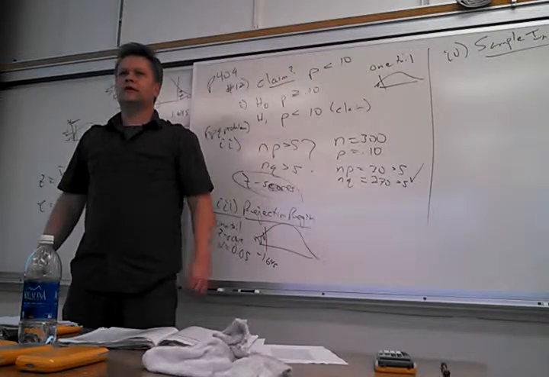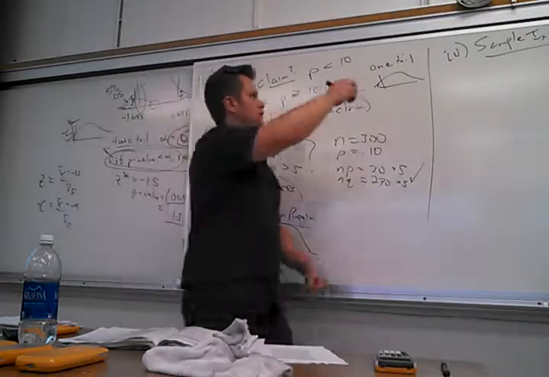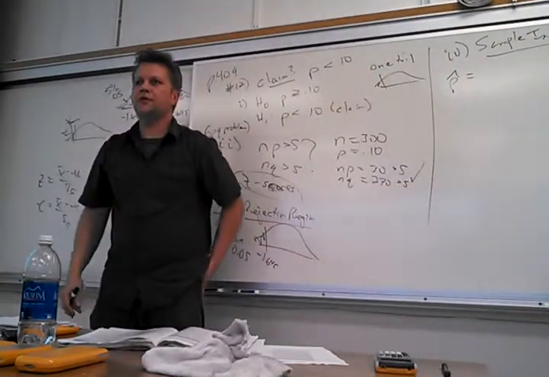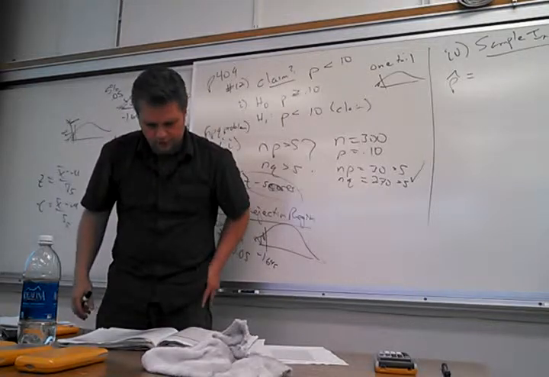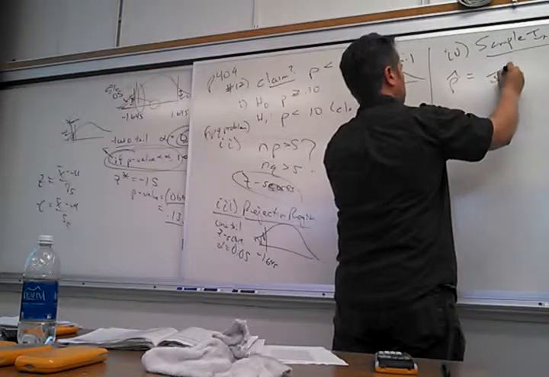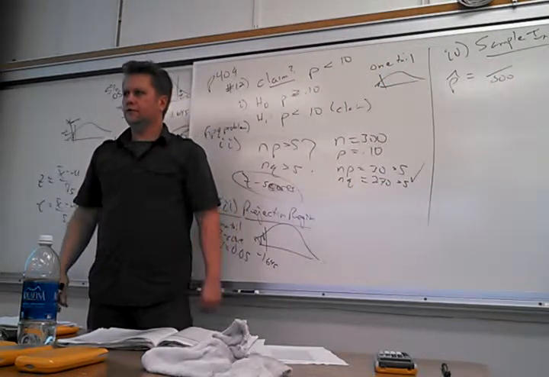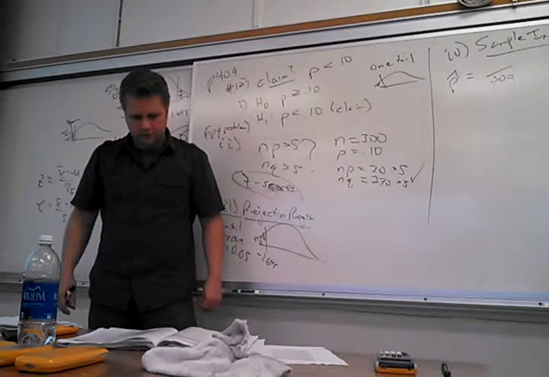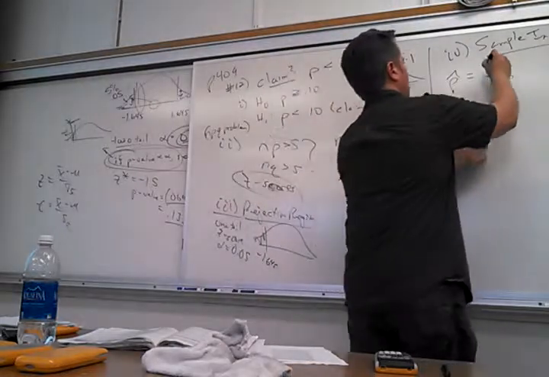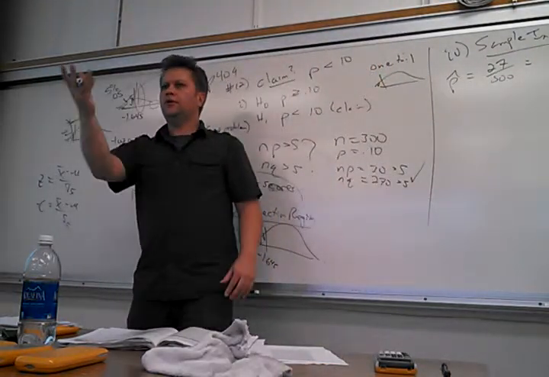Careful, that's the sample equivalent of mu. P-hat. And how do you get p-hat? You just look at your sample and you do the right percentage, right? What do I see in my sample? Out of 300 people, 27 had incorrect results, right? Yeah, 0.09. Awesome.